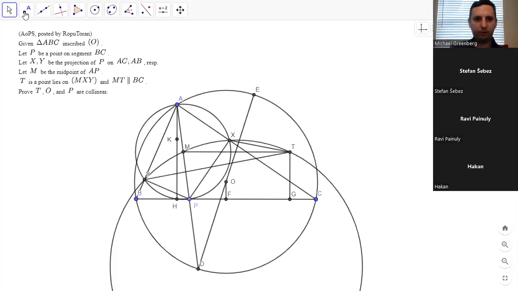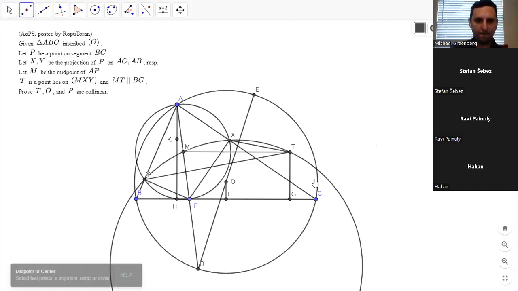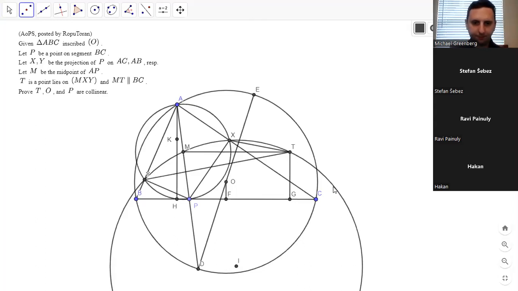And maybe it's worth drawing the center of this big circle. So it's I. So PF over FG.